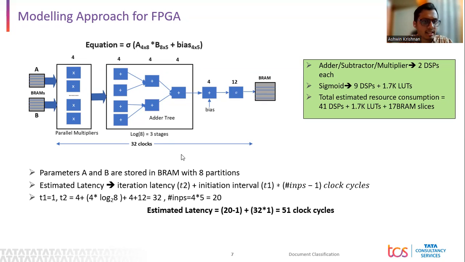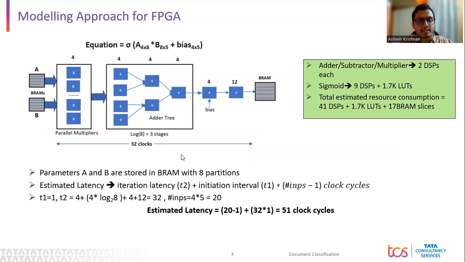Now, the estimated latency can be given by the equation: iteration latency plus initiation interval times number of inputs minus 1. Here, the initiation interval is kept as 1 while modeling, which means that an input can be fed after every clock cycle.